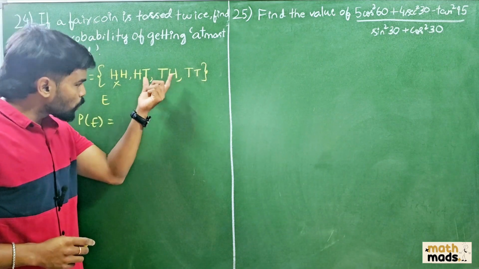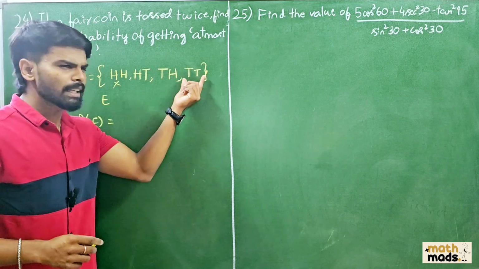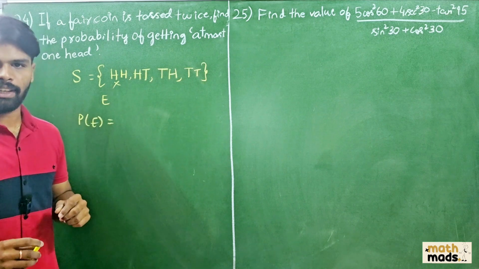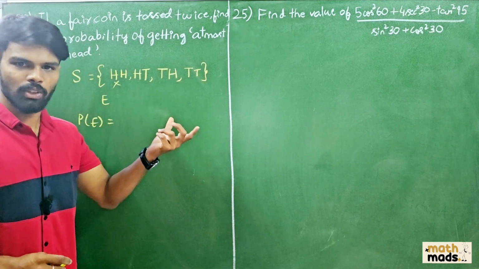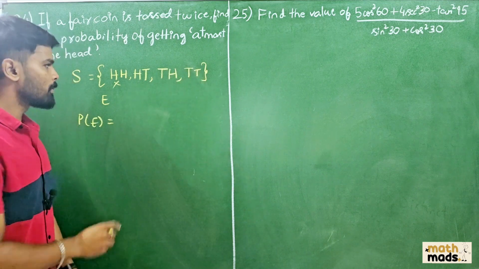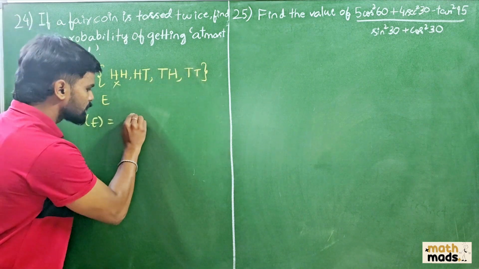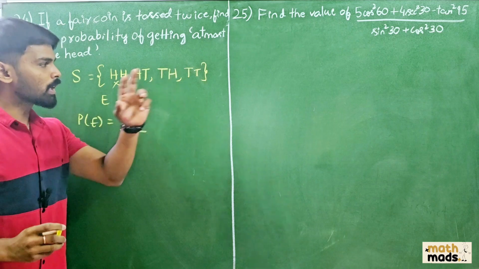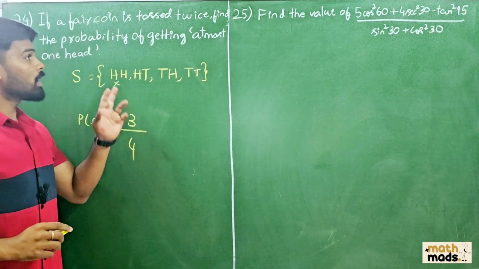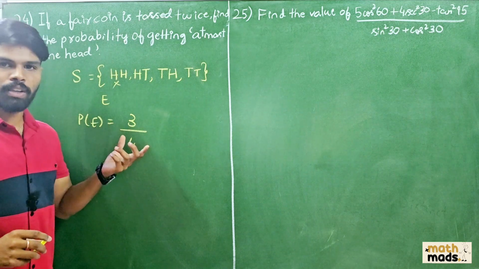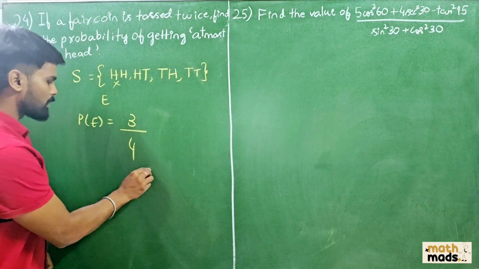T and H, there is 1 head here. I can consider this. Can I consider TT? There is no head here, right? At most means either 0 or 1. No head means 0 head, so I can consider this also. So 1, 2 and 3. 3 by total, all the possible outcomes, that is 4. So the probability of getting at most one head when you toss a coin twice is 3 by 4.